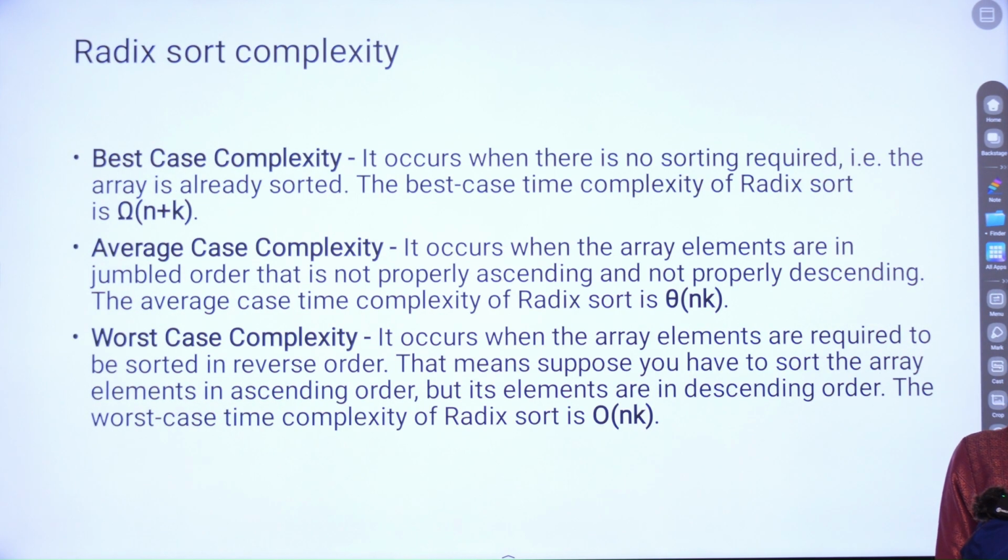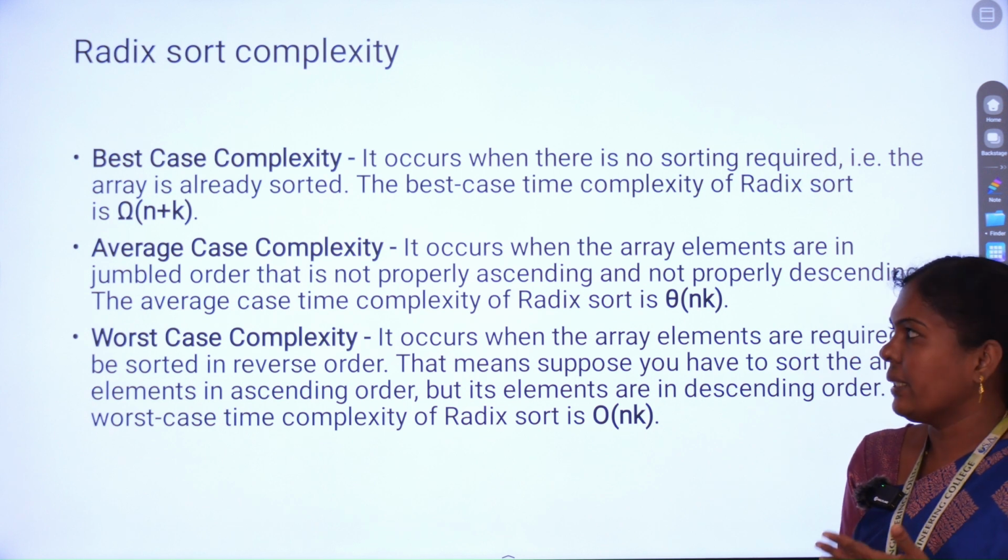Okay, let's see the time complexity of the RADIX sort. First, best case complexity. Best case complexity means there is no need to sort the elements. All the elements are already sorted. So here the best case time complexity of the RADIX sort is theta of n plus k.